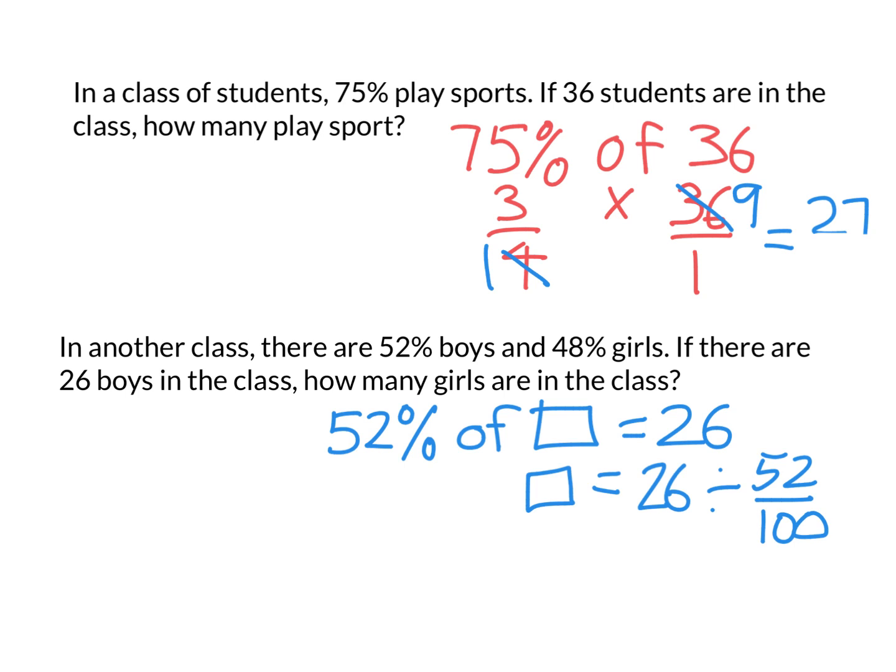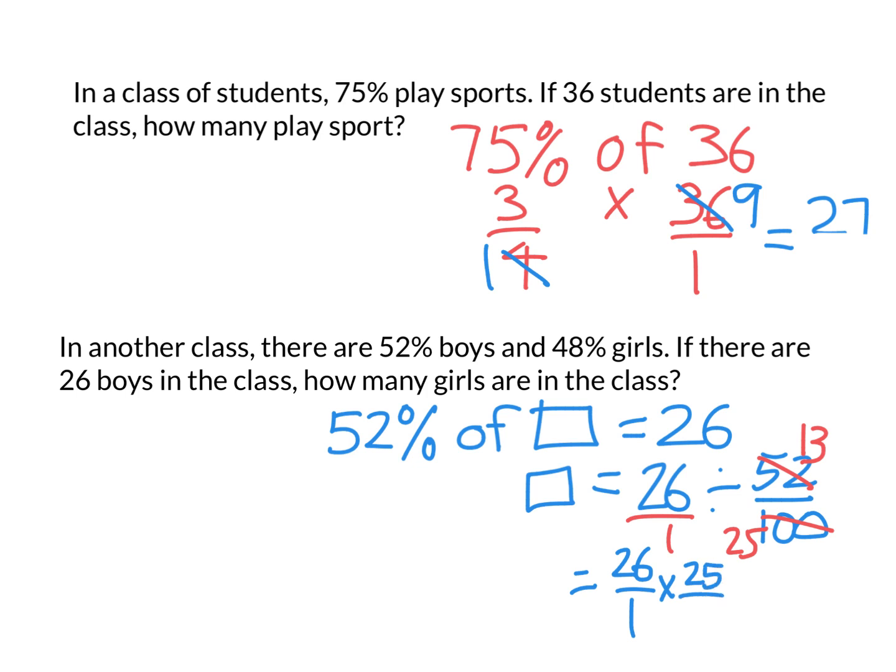It's a bit hard. Let's simplify this. So 52 divided by 4 is 13. 100 divided by 4 is 25. What we're doing here is 26 over 1 divided by 13 over 25. So of course, to divide, you flip the second fraction and make it times.